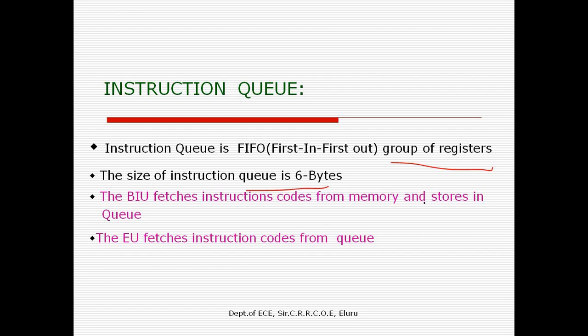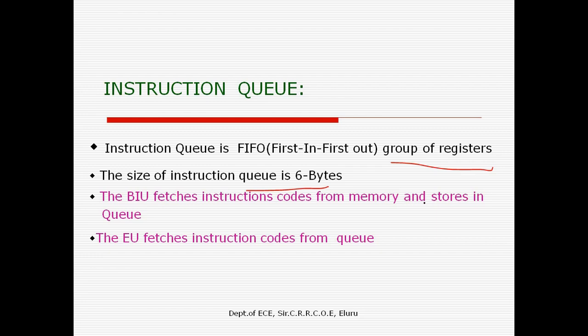So the instruction queue bridges, or connects, the bus interfacing unit and the execution unit, because the bus interfacing unit fetches the instruction codes and data from the memory, and the fetched data is placed in the instruction queue, where the execution unit takes the instruction codes and data from the instruction queue.